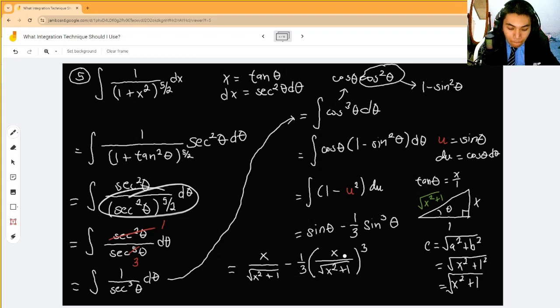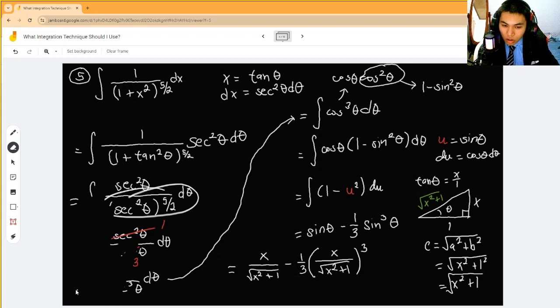Okay. And then we just distribute this cube here to the denominator and numerator. And then I think we should have a final answer. Okay. All right. So let's erase this part of the integral since we already did that.